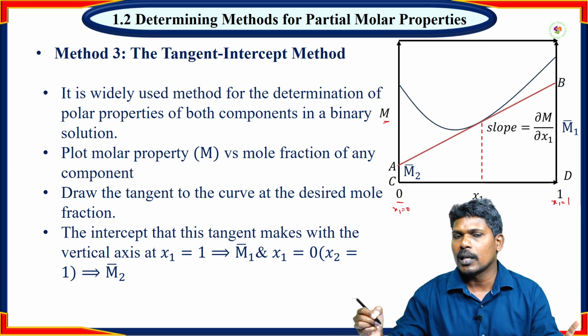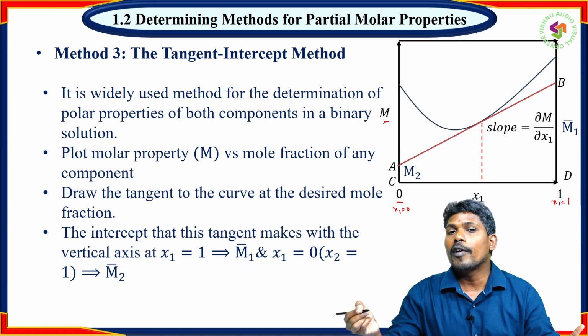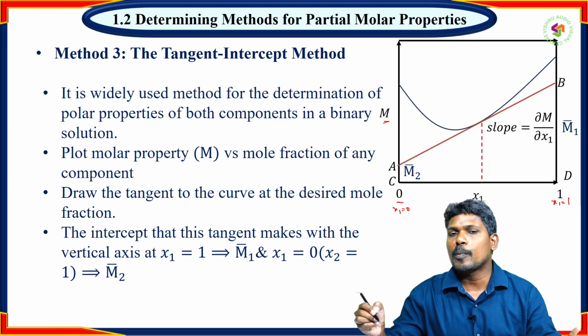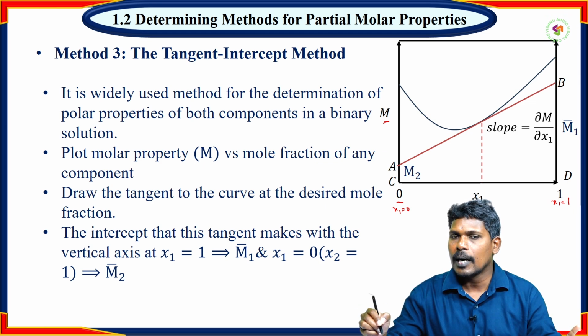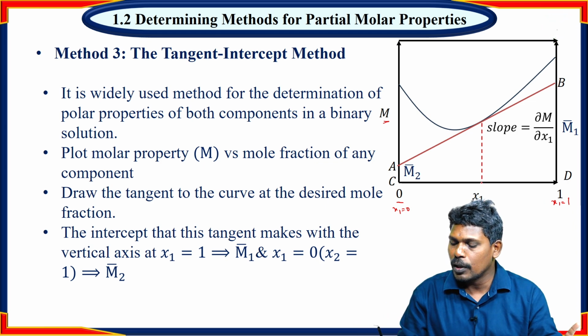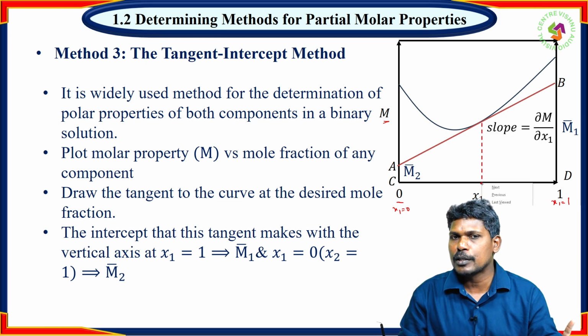To that parabolic curve, draw a tangent at the particular mole fraction where you want to determine the partial molar property. For example, at this mole fraction of interest, you want to determine the partial molar property of compound 1.